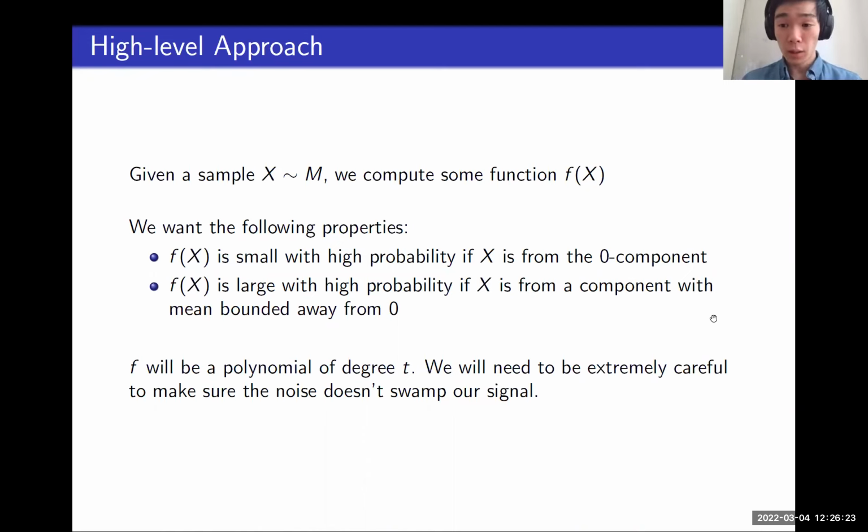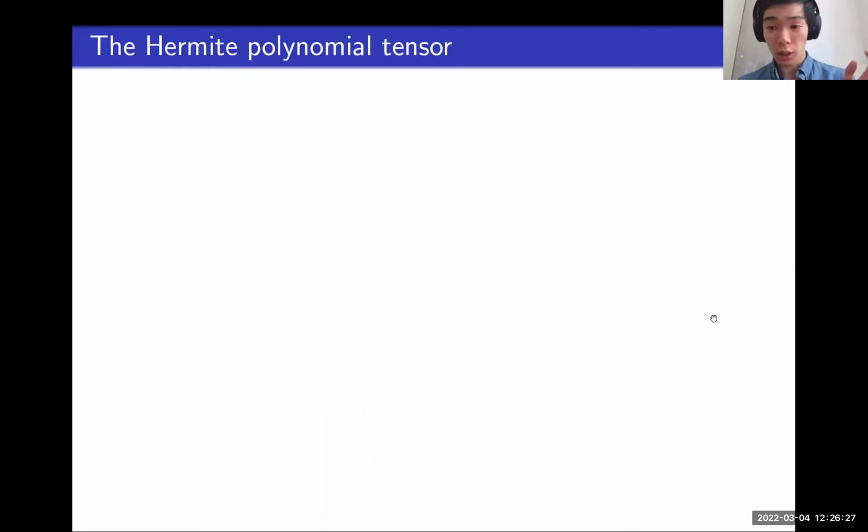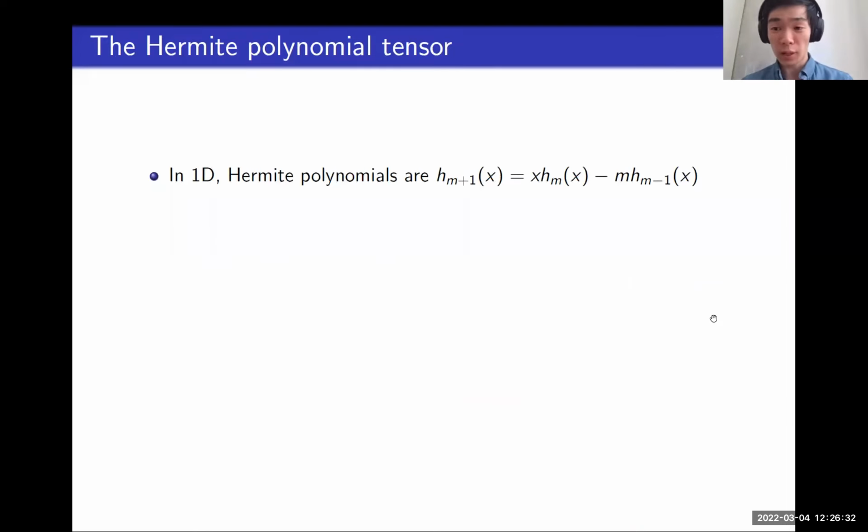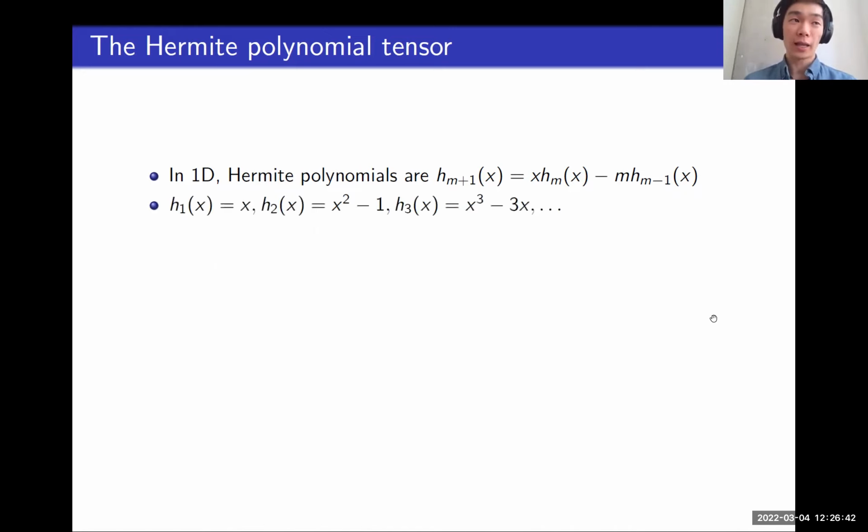Okay, so the first piece of important machinery that we'll use is the Hermite polynomials. It's known that Hermite polynomials behave very nicely with Gaussians. In 1D, we can consider univariate Hermite polynomials, which have the standard recurrence, and their first few terms are as shown.